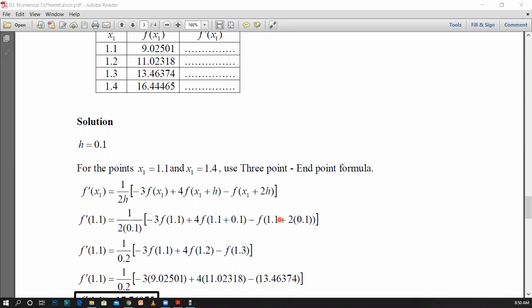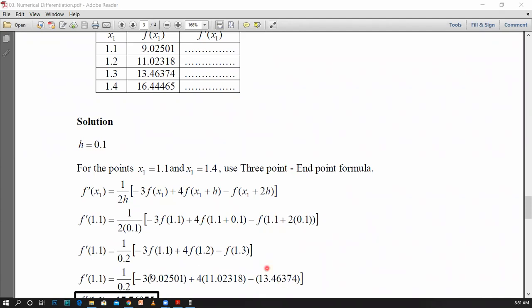Here 1.1 plus 0.2 gives the value as 1.3. Now you have to identify these three values, f(1.1), f(1.2) and f(1.3), using this table. Therefore, if you use these three values, you can see f(1.1) is equal to 9.02501, f(1.2) is equal to 11.02318, and f(1.3) is equal to 13.46374.